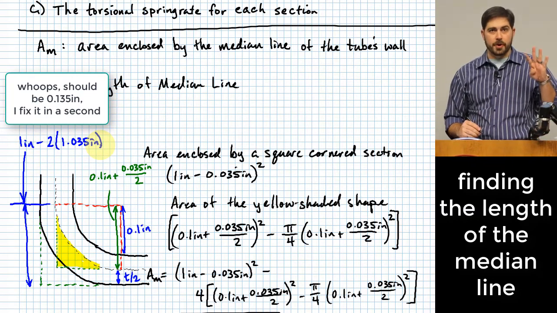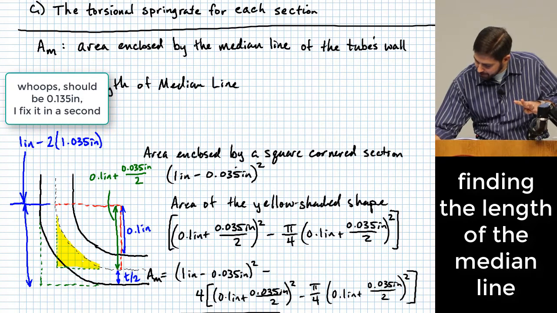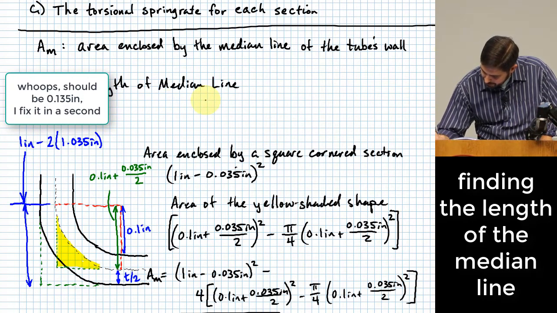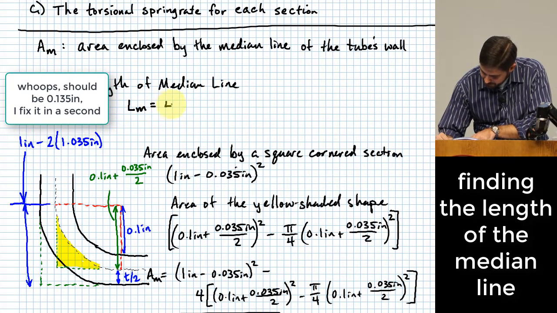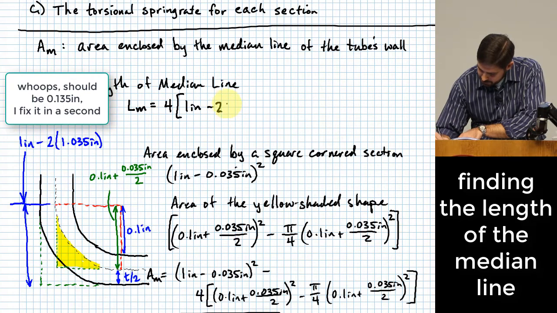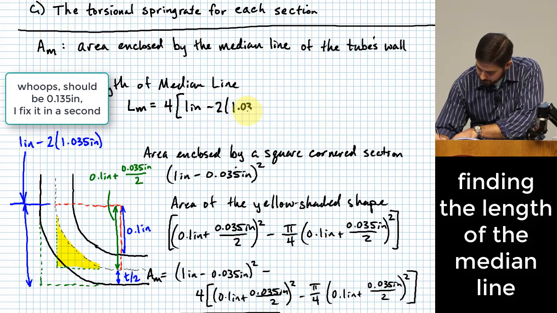And I've got 4 of those. So that's what I'll start with for my L sub m. L sub m is going to be equal to 4 times 1 inch minus 2 times 1.035 inches.